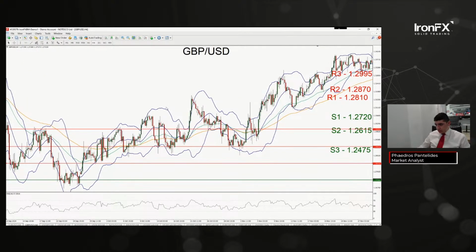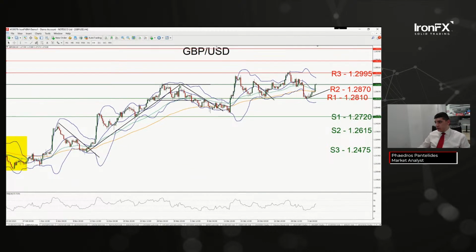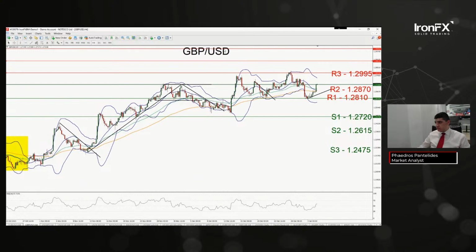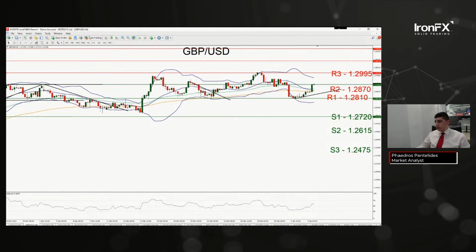And take this previous swing low and then 1.20915. And then let's zoom in.